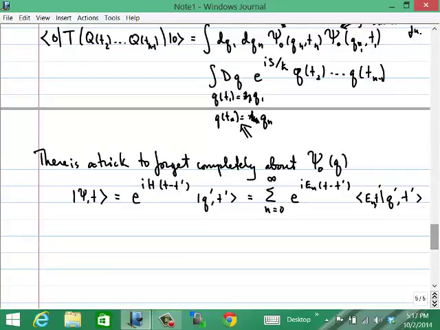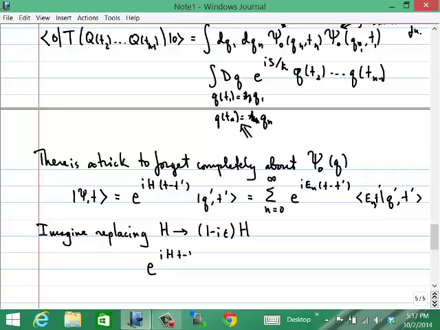So let's now imagine doing the following. Imagine that instead of the Hamiltonian h, I replace the operator h by a different operator, a non-Hermitian operator, where I add a small imaginary part to h. Then what happens if you act with this new operator on our initial state?